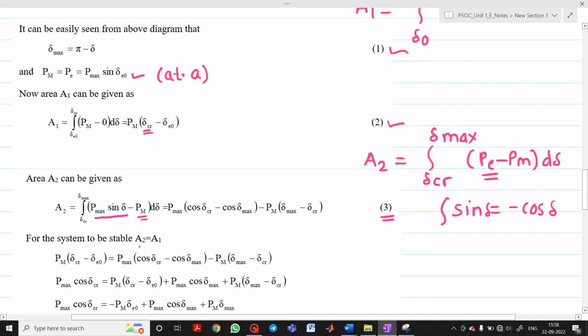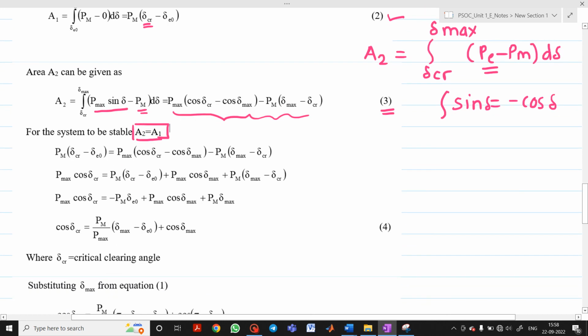Now we know that for a system to be stable, the condition is that area A2 should be equal to A1. So please equate equation 2 and 3. We have equated the left hand side, now equate the right hand side. So what will you get? PM into delta CR minus delta 0 we have written, and this term we have written to the right hand side.